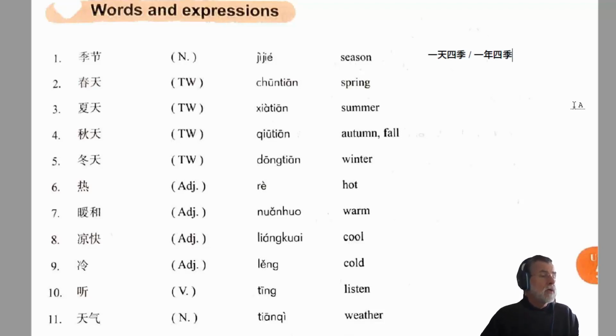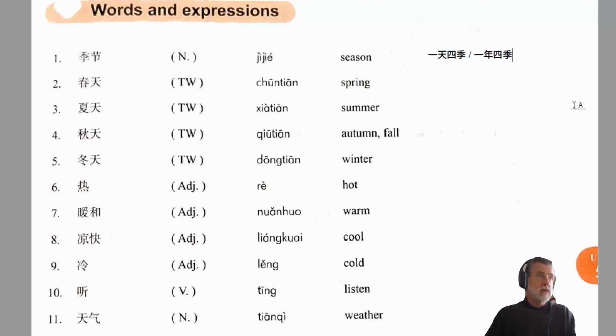We also have the specific words for the seasons. So we have spring, 春天, summer, 夏天, autumn, 秋天, and winter, 冬天.